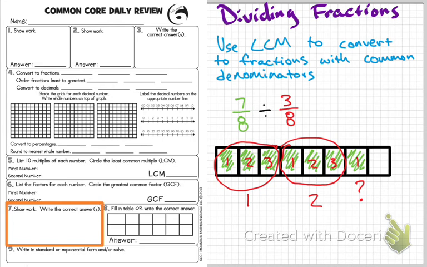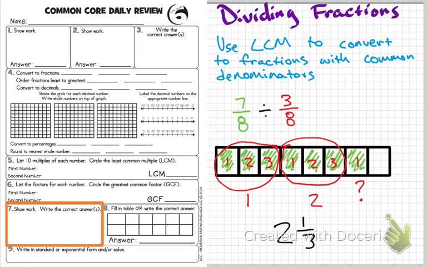That means that I have 1 of those 3 smaller pieces left over. So my answer to this problem is going to be 2 wholes and 1/3 of a part left over. That 1/3 comes from having 1 green piece out of the 3 green pieces that make up each of those circles that I made.